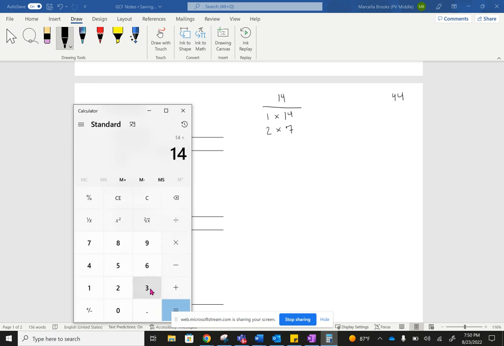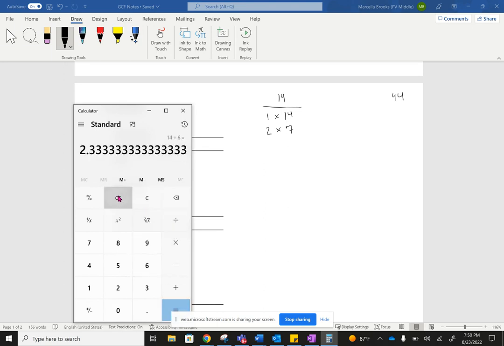14 divided by 3. Decimal. Let's do 14 divided by 4. It's not a huge decimal, but it's a decimal all the same. 14 divided by 5? No. 14 divided by 6?